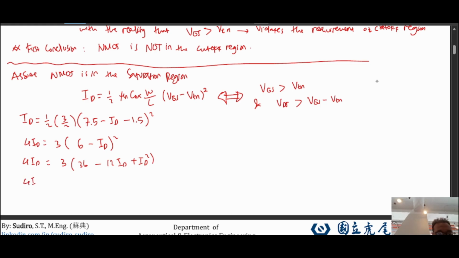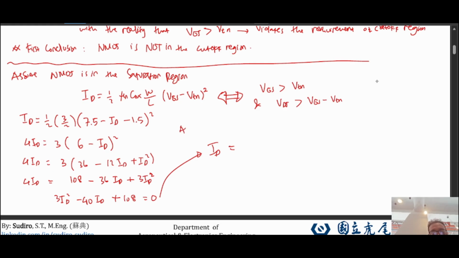And we get 4 ID is equal to 108 minus 36 ID plus 3 ID squared, and 3 ID squared minus 40 ID plus 100. Sorry, this one must be minus 50.